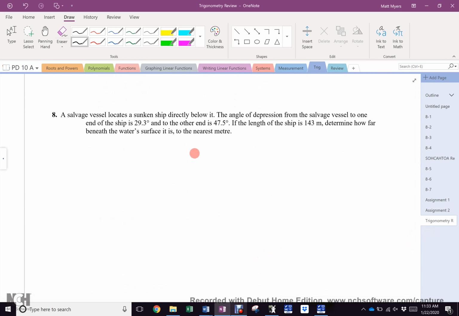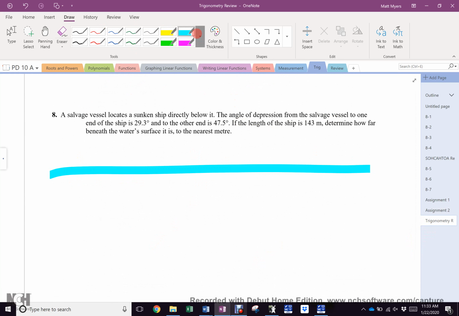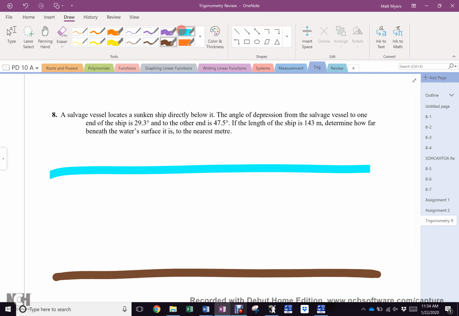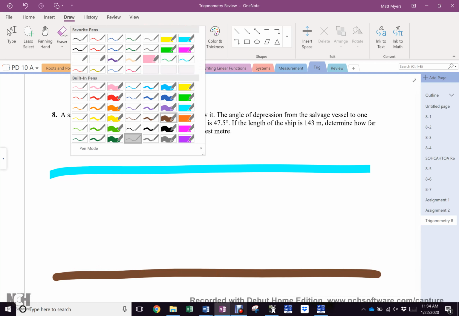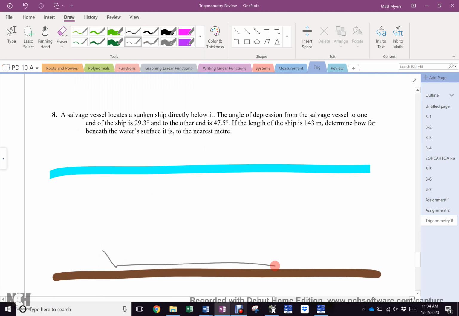A salvage vessel locates a sunken ship directly below it. The angle of depression from the salvage vessel is given. So there's the water, there's the bottom of the ocean, and there's the boat on the bottom of the ocean, and it is 143 meters long.